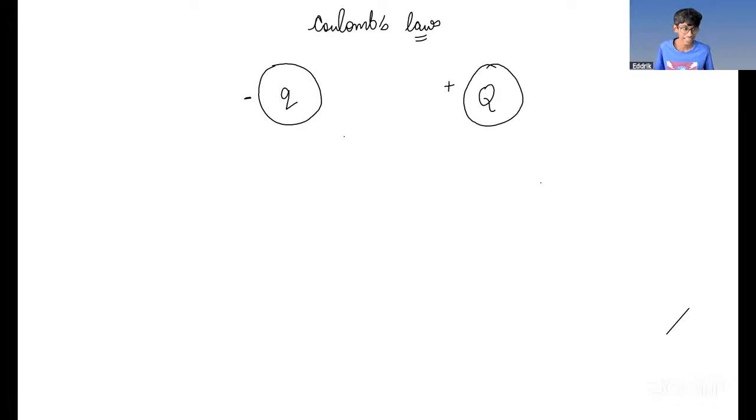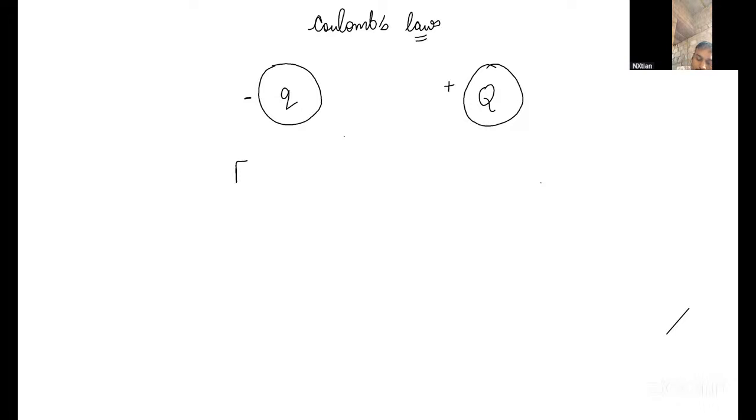Coulomb's law says that force of attraction can be there and force of repulsion can also be there. For example, if I take both as positive charge, they will have repulsion force.